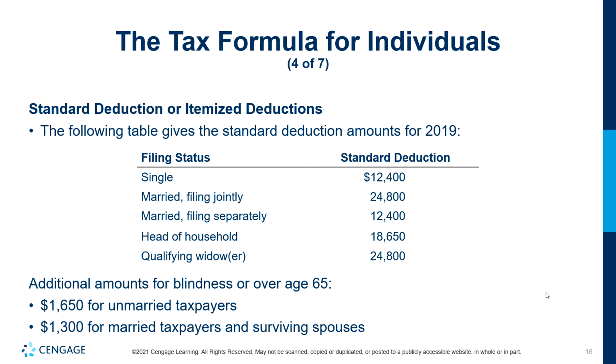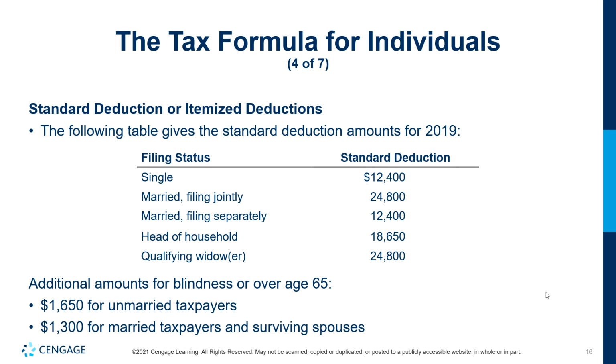Yeah, I think they meant to put 2020 in the PowerPoint. It's just how it goes. No worries. But yeah, qualified widower, that's a nice one. Like I said, we're going to get into the statuses later in this chapter, so that's going to be a different video. Now, you also get the additional amounts for blindness or over the age of 65.